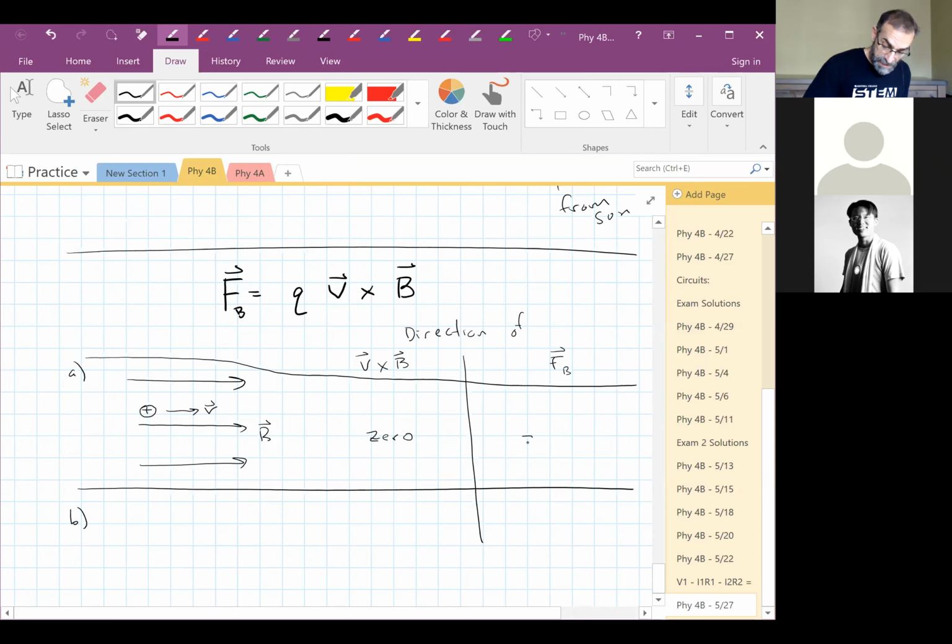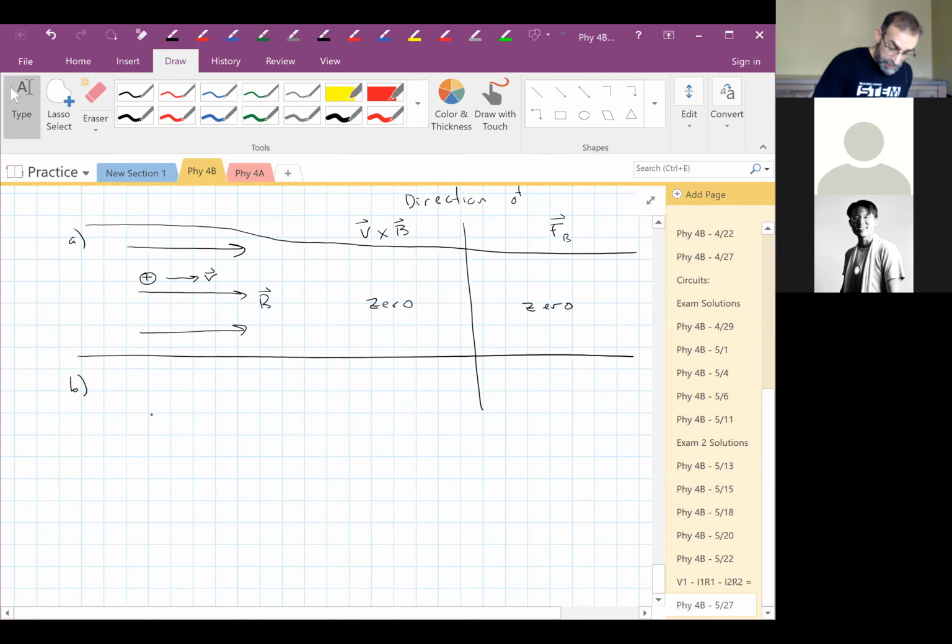So the force is 0, no force on this guy. Next one, we've got our magnetic field in this direction and our positive charge moving this way.